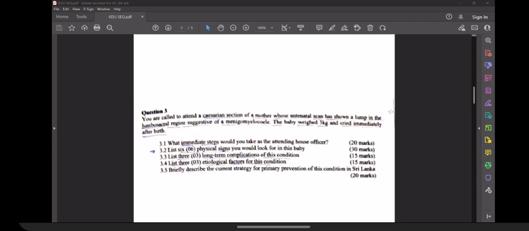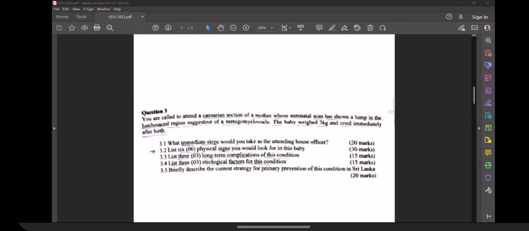And if there is a meningomyelocele, which is suggested by the antenatal scan, I will nurse the baby in the prone position. That is the most important thing, that you don't allow the lump to touch the rest of the cot. You nurse the baby in the prone position and you prevent dehydration by covering the lump with sterile gauze, and then get the baby to breastfeed.